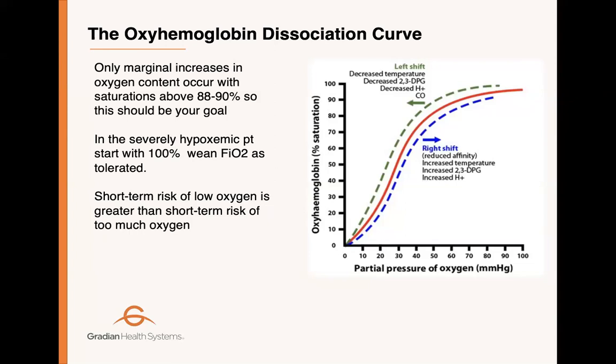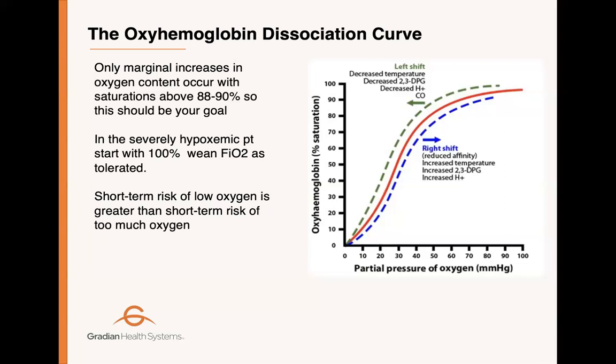As you can see on the graph, this is called the oxyhemoglobin dissociation curve, showing the relationship between oxygen saturation and the partial pressure of oxygen in millimeters of mercury. Normally only marginal increases in oxygen content will occur with saturations above 80 to 90.